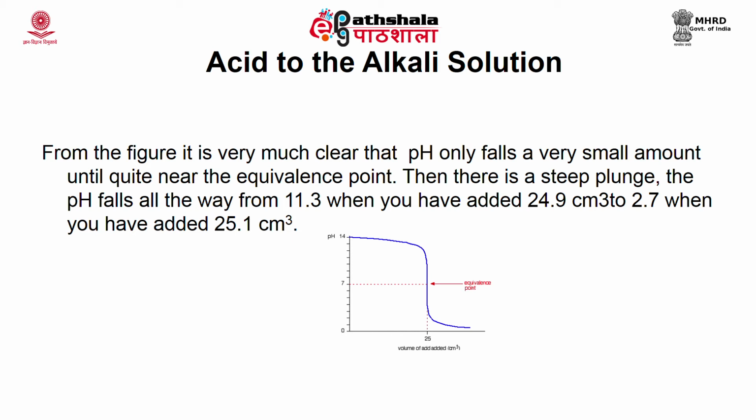Then there is a sharp decrease: the pH falls all the way from 11.3 when you have added 24.9 ml to 2.7 when you have added 25.1 ml of acid to the solution.